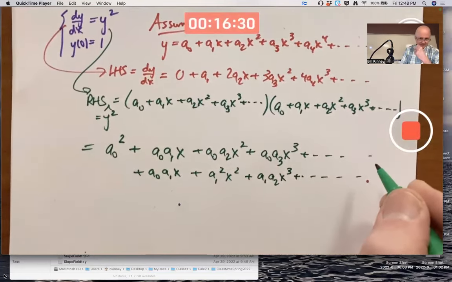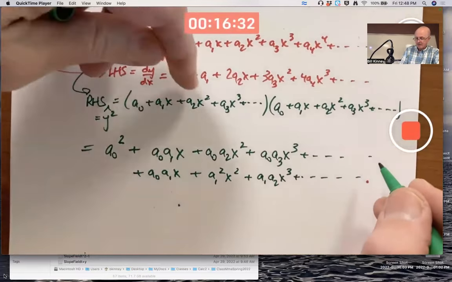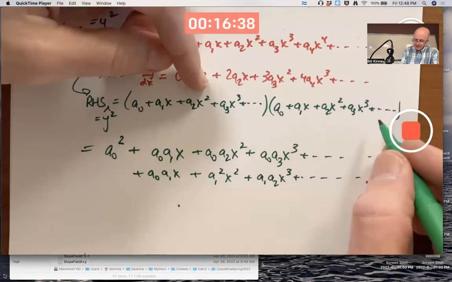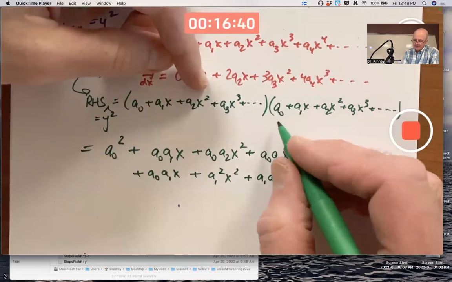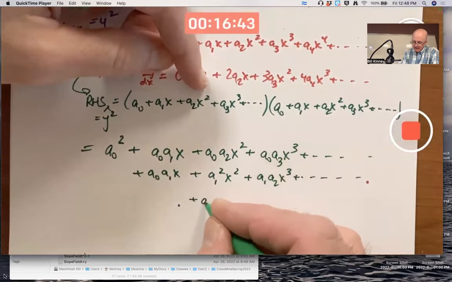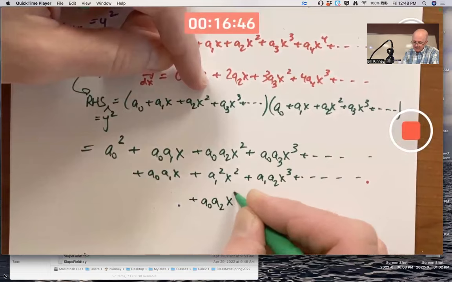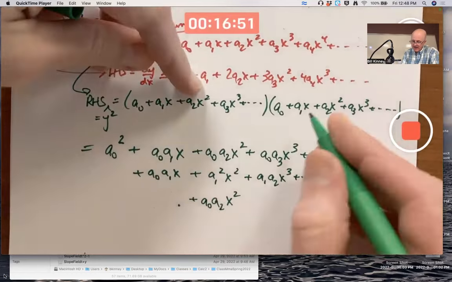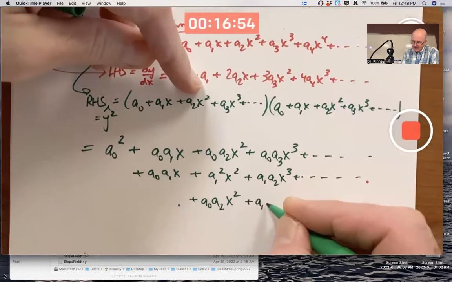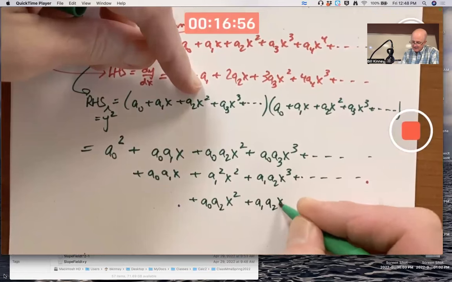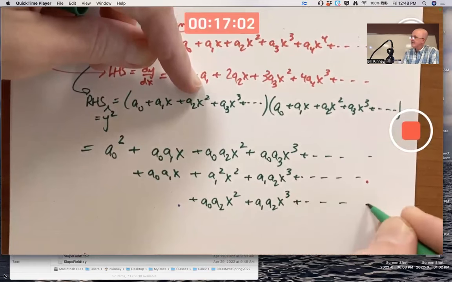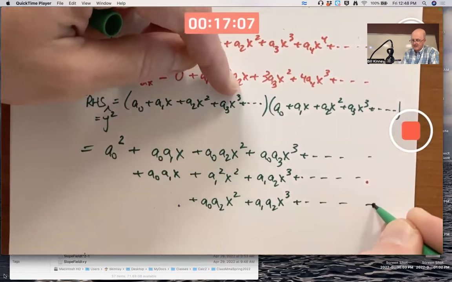Don't stop. Let's go a couple more lines with a couple more terms here on the left. Go to the A2 times x squared, multiply it times everything, times A0 gives A0 A2x squared, times A1x gives A1 A2 x cubed, etc. This will be our last one that we do.